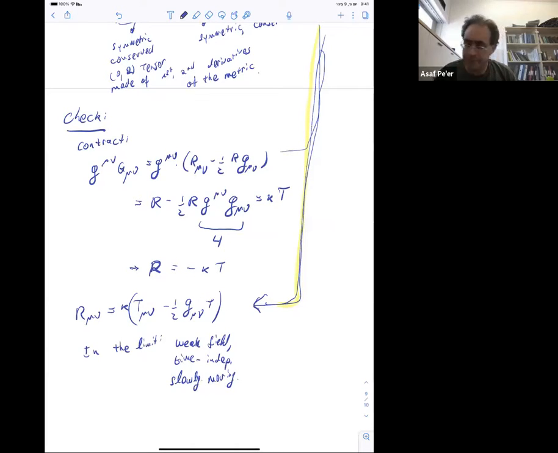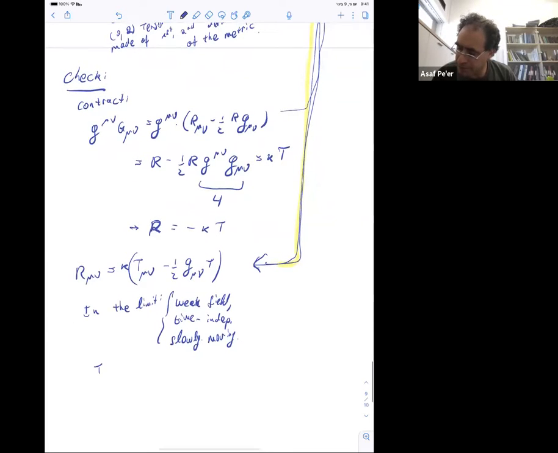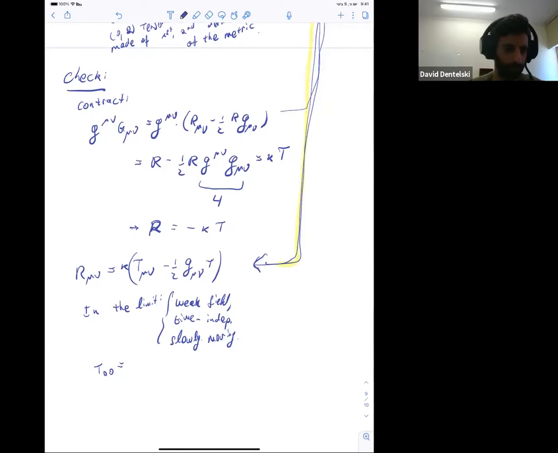So in this limit, of course, we have T00 is what? Rho. Rho, right? That's how we started.